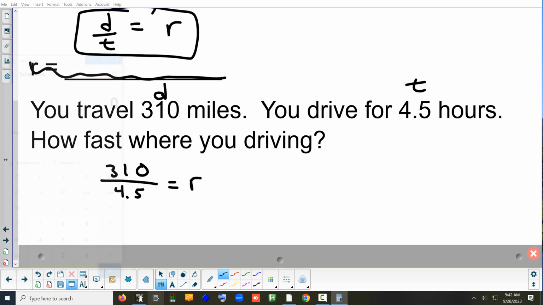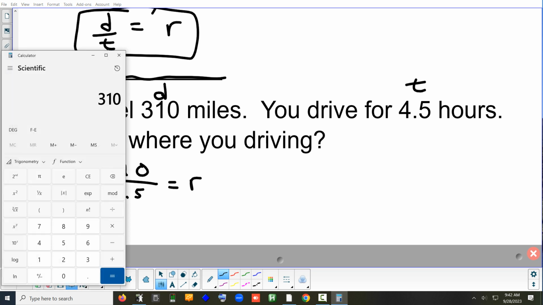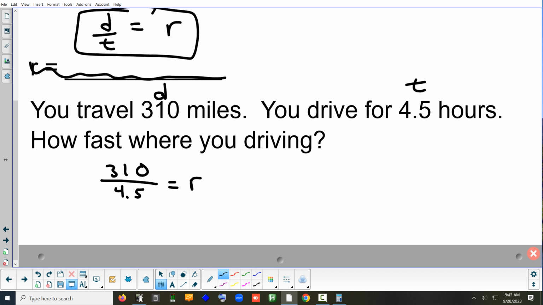So let's just use our calculator for that. 310 divided by 4.5 is about, let's round that to 1 decimal place. What would that be if you round to 1 decimal place? 68 point what? 68.9, yeah.